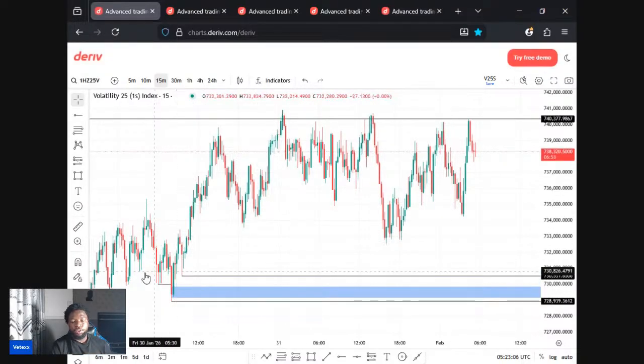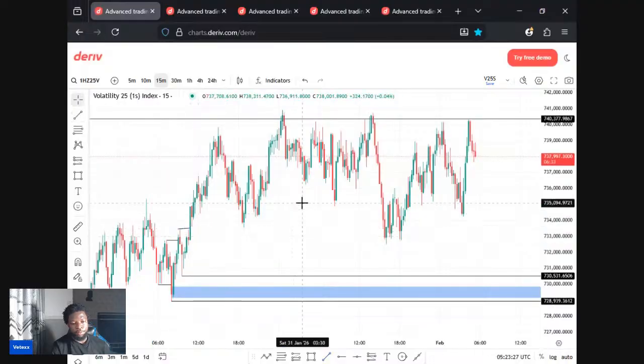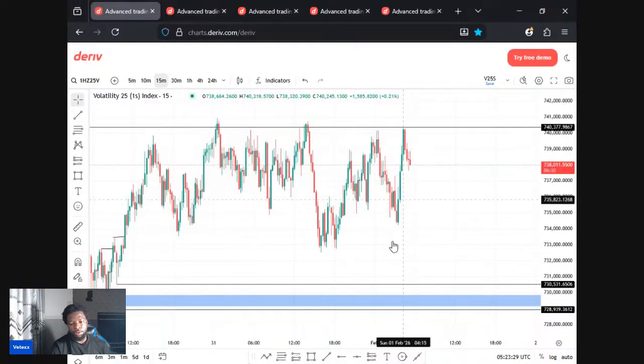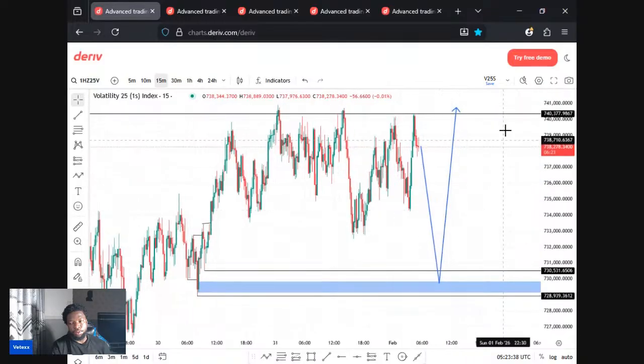Our sweep of liquidity, which is here, the 15 minutes, our break of structure, which is this. This is our first break, structural liquidity that needs to be taken out, and this becomes our second break of structure. So we anticipate price to come into this POI and then start buying to the opposite direction.